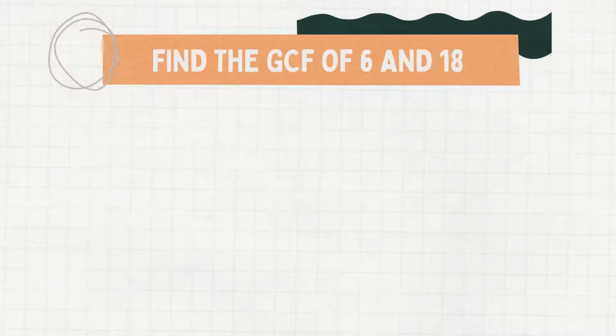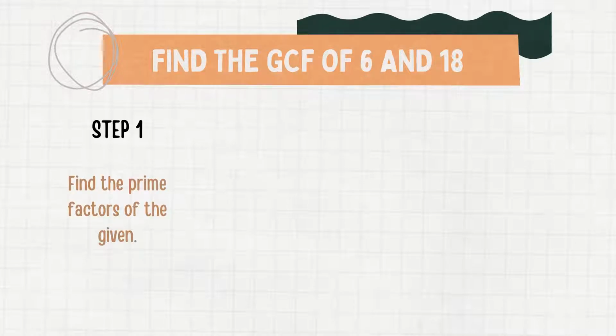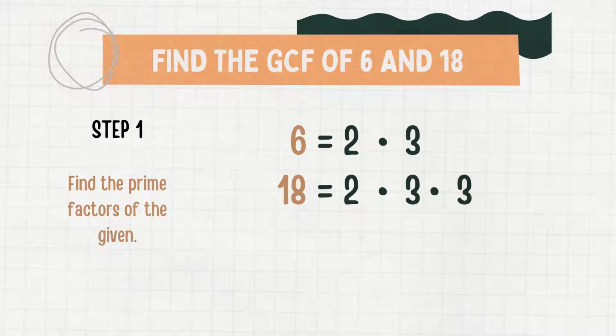Let's review the process of getting the greatest common factor. For instance, we find the greatest common factor of 6 and 18. The first step is to find the prime factors of the given numbers. In this case, 6 is equal to the product of 2 times 3.